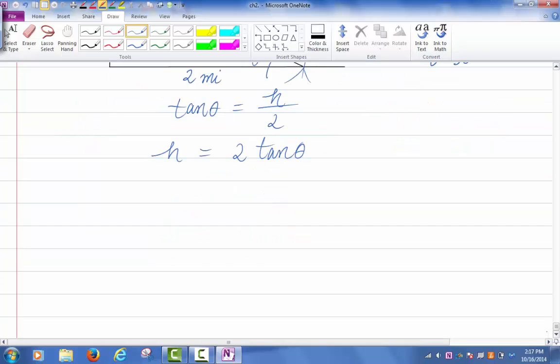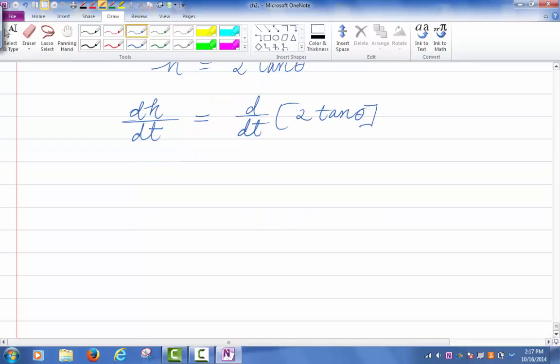Okay, so then what's the derivative of h with respect to time? Well, that would be the same as the derivative with respect to time of 2 times tangent of theta, right?